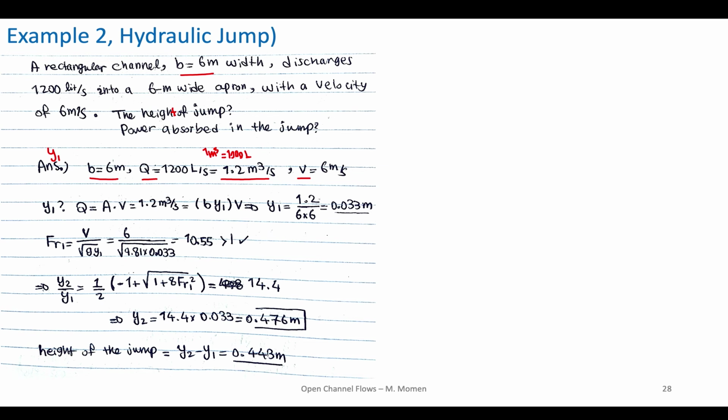Okay, so Y1 I can find based on the givens. Q is A times V, right? So it equals 1.2 meter cube per second, which equals B times Y1, which is A, times V. And if you calculate this, you are going to get Y1 equals 1.2 over B, B is 6 meter, and V is also 6 meter per second.